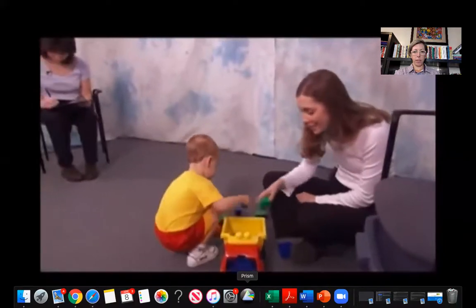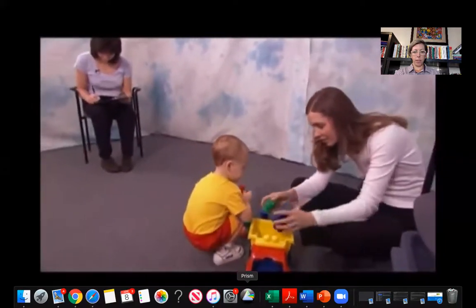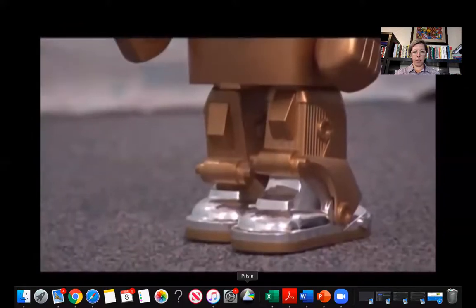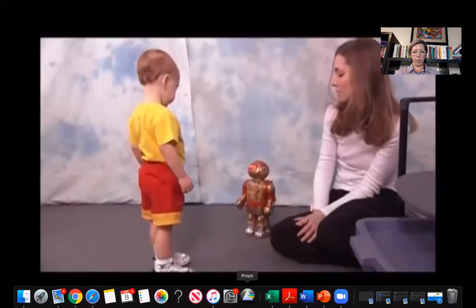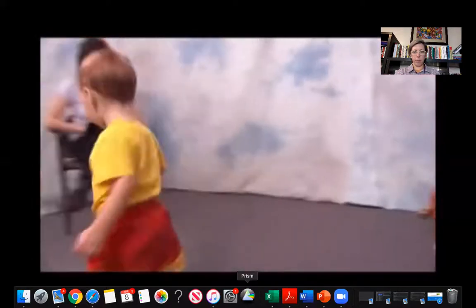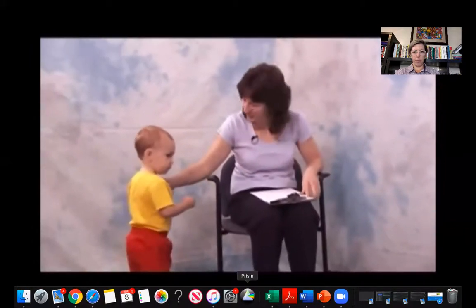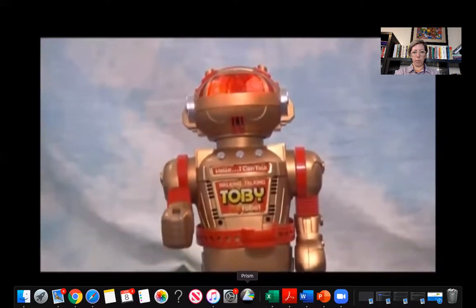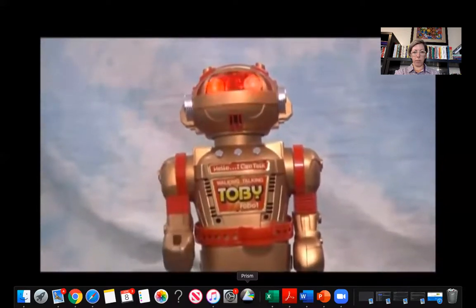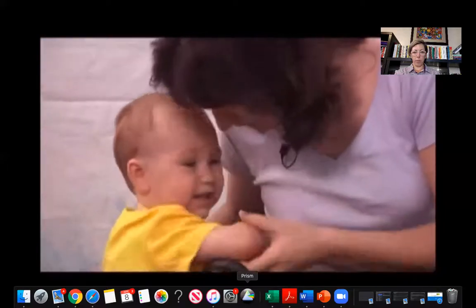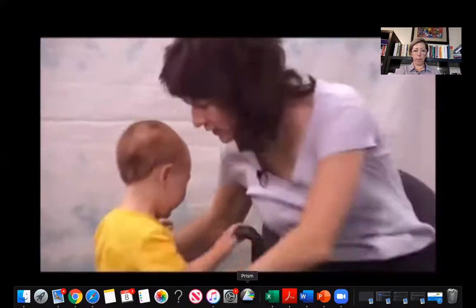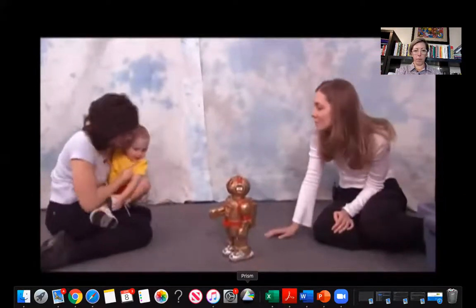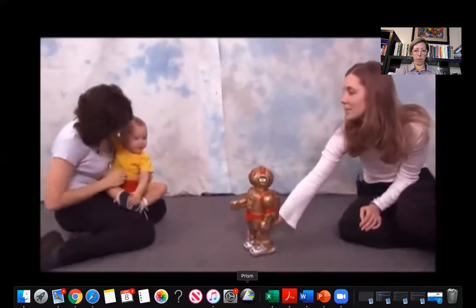You're gonna help me clean up? Once he's comfortable with the stranger, they continue with the next part of the study. Now it's time to play with Toby the robot. Researchers wanted to find out how children react to unpredictable situations. And the toy robot is certainly unpredictable with its noises and sudden movements. Would you like to come see our cool robot? The robot proves too much for Ethan, even with his mother by his side. Should we do something else? Would you like to play with something else? Let's put Toby away.